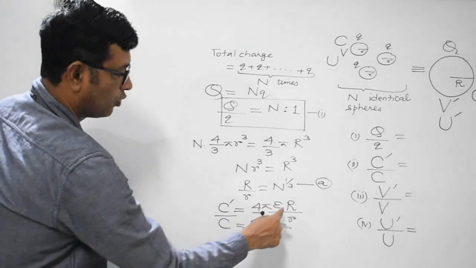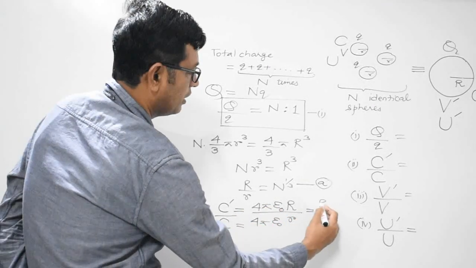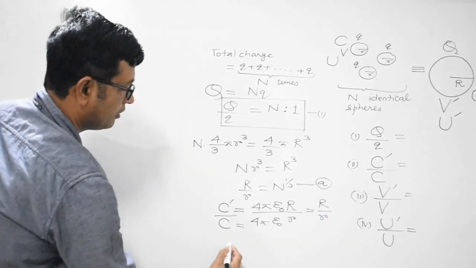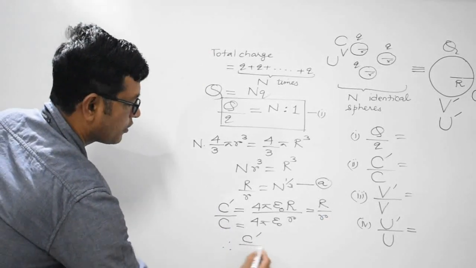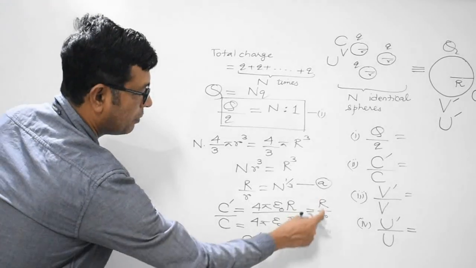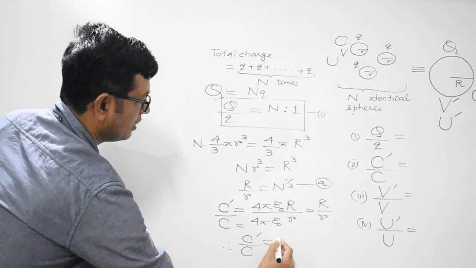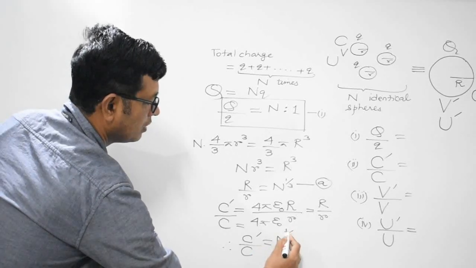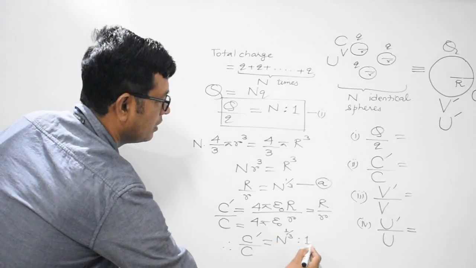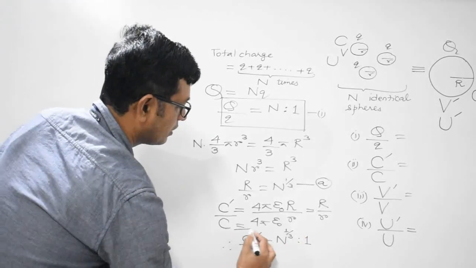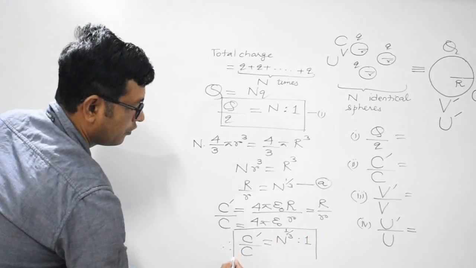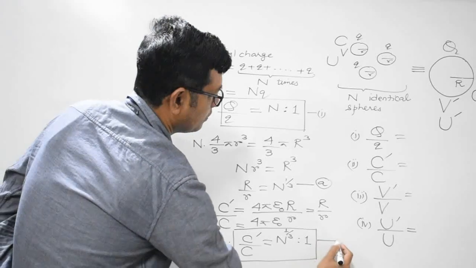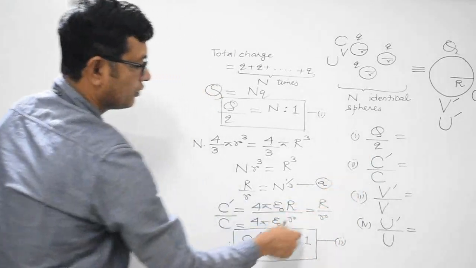So 4 pi epsilon get cancelled, and we'll be left with capital R by small r. Therefore, C dash by C will be equal to R by r, and it is n to the power 1 by 3 is to 1. This is the answer of the second part, which is the ratio of the capacitance. Put this as 2.